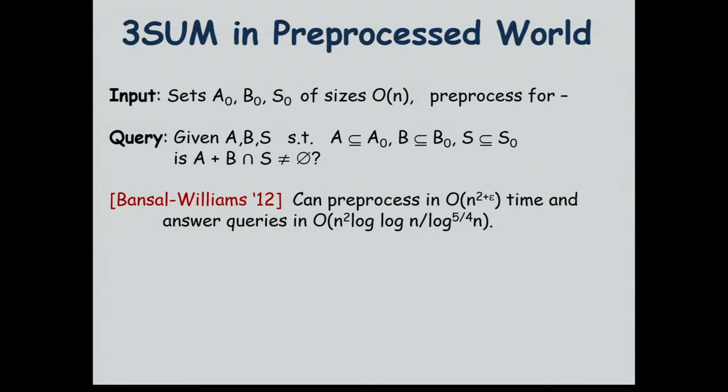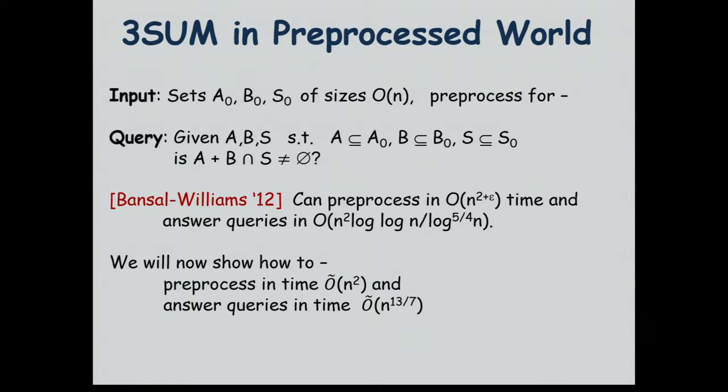Okay, so this problem was looked at by Ryan Williams and Nikhil Bansal, in a paper among other problems, and they mentioned that you can preprocess in n^(2+epsilon) preprocessing time, and then afterwards you can answer queries in n squared times log n divided by log to the 5/4, and at the time at least this division by log to the 5/4 was a little bit better than what was done with 3-SUM.